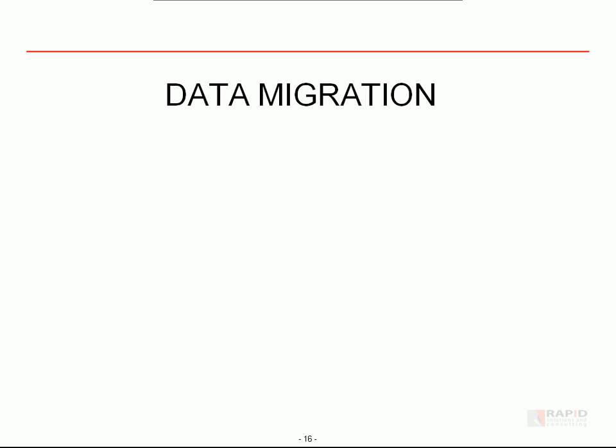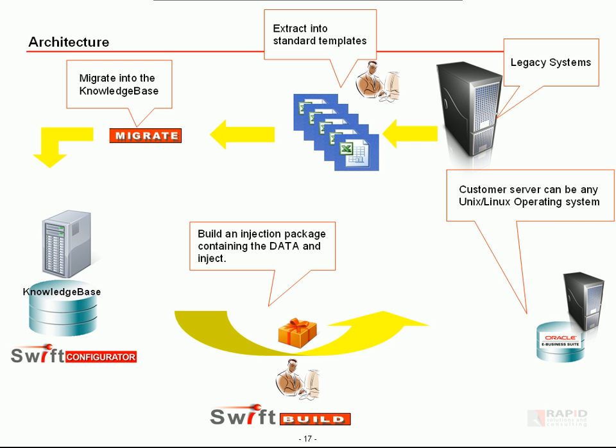Finally, to summarize, we have the data migration. Now, data migration uses exactly the same technology as configurations. There are a standard set of templates that are inside the knowledge base. They are in the form of a BR100, which takes the same form as the Oracle screens.